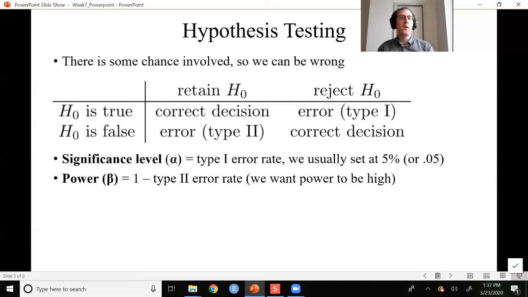So you might be wondering, why is it 5% for type 1 and 20% for type 2 just by default? This is something that has become a convention. And part of the thinking behind this is we're more concerned with finding results that seem to suggest that something exists that doesn't, than running a study and not finding support for something that actually does exist or that there actually is a difference.